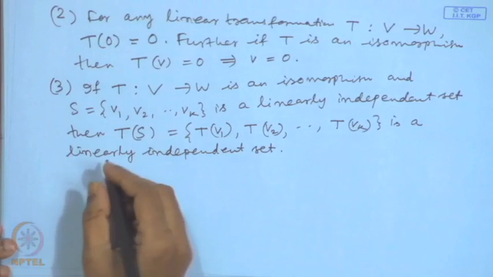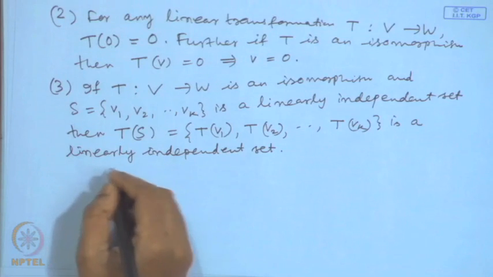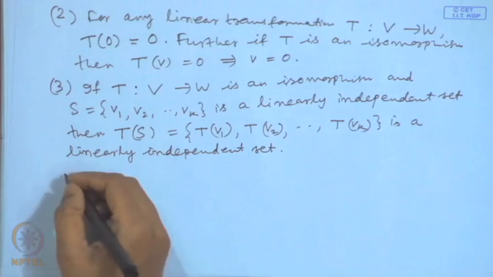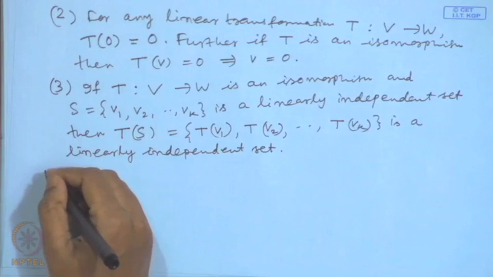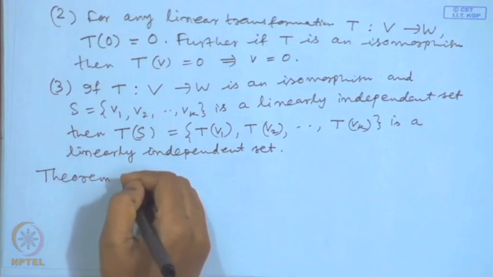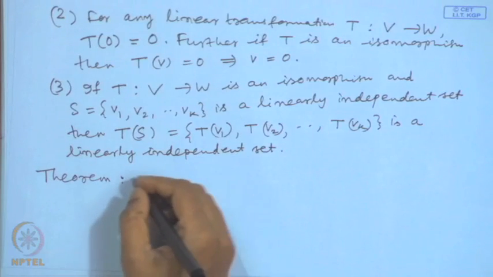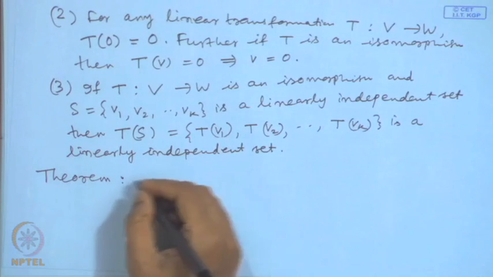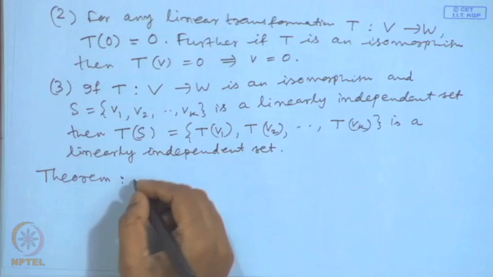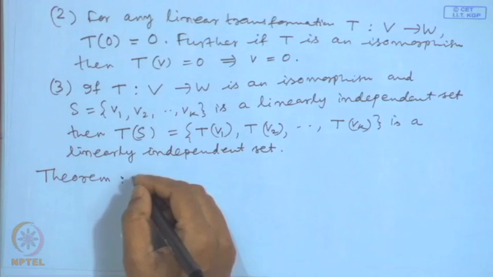Of course, this property we have already given in the example. Here this theorem gives a result which checks when two finite dimensional vector spaces are isomorphic.